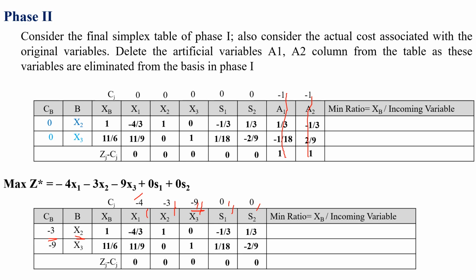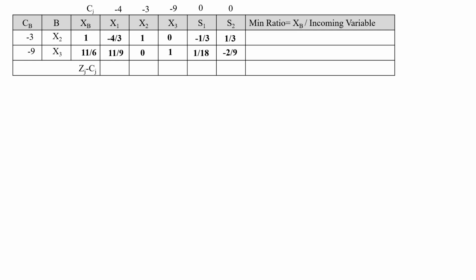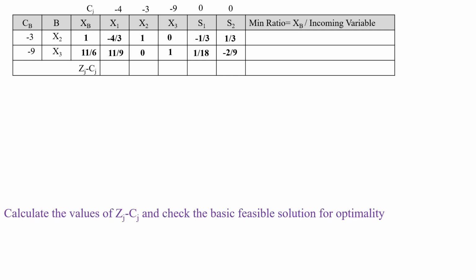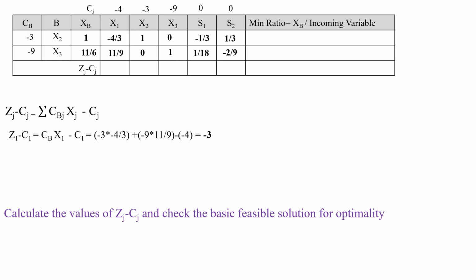Next, we have to solve the simplex table for the optimal solution. Next, calculate the Zj minus Cj values and check the basic feasible solution for optimality. First, we calculate Z1 minus C1 for the x1 variable. So Z1 minus C1 is minus 3 into minus 4 by 3 plus minus 9 into 11 by 9 minus of minus 4.